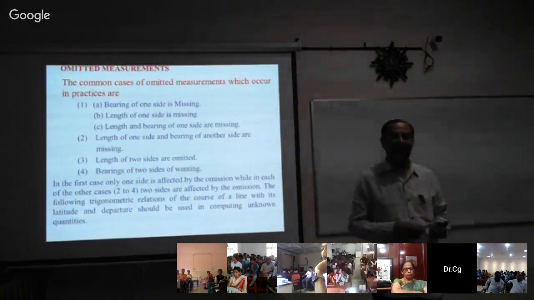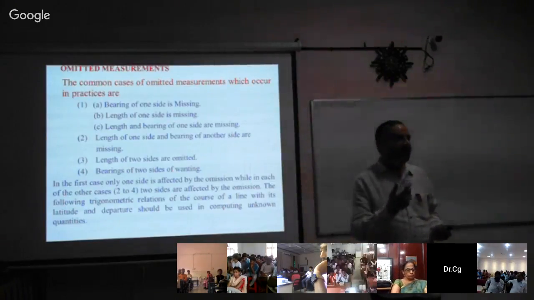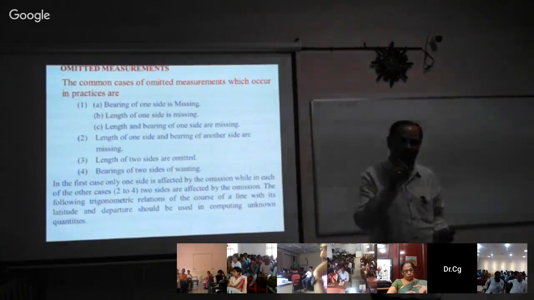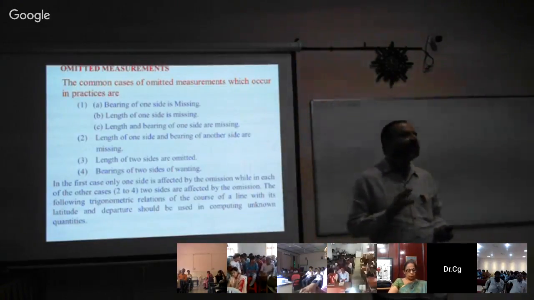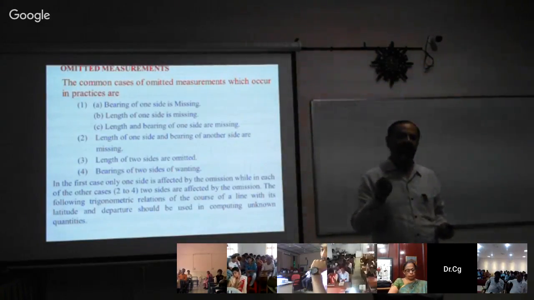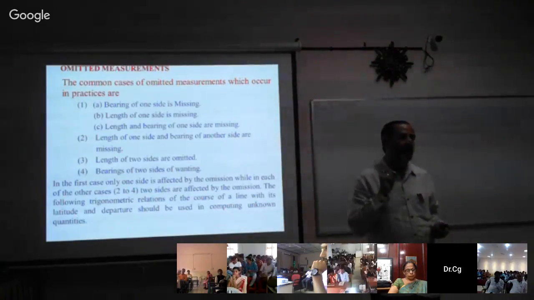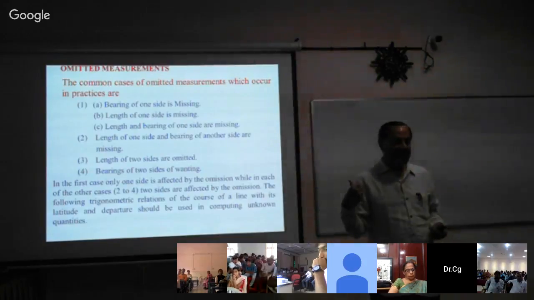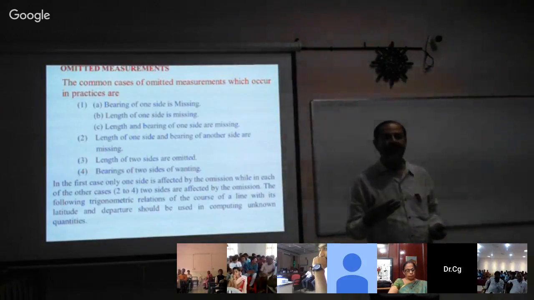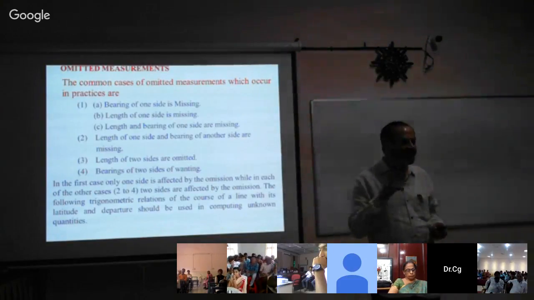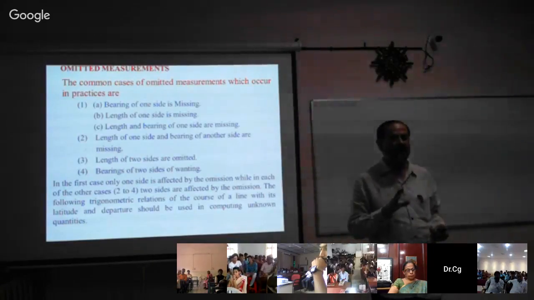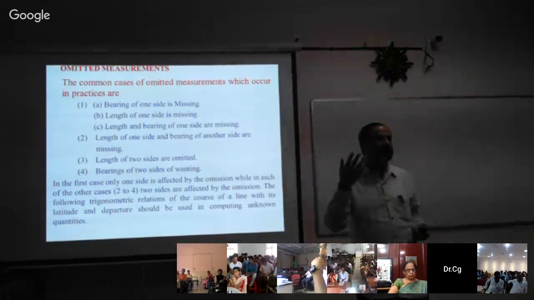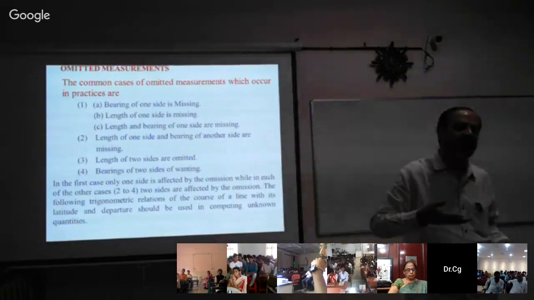During the process of survey work, we may lose the recorded values, isn't it? But when we work to plot the traverse, then we may need some data. Sometimes that is not possible. Otherwise, you have to go back to the site and collect the data.